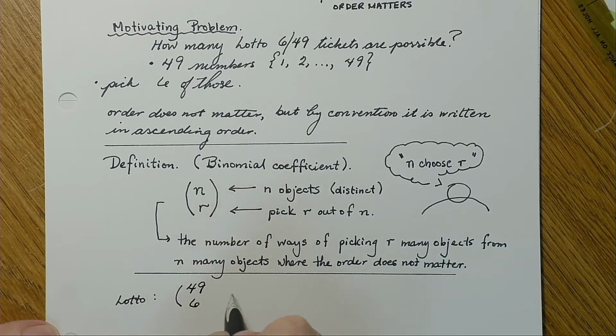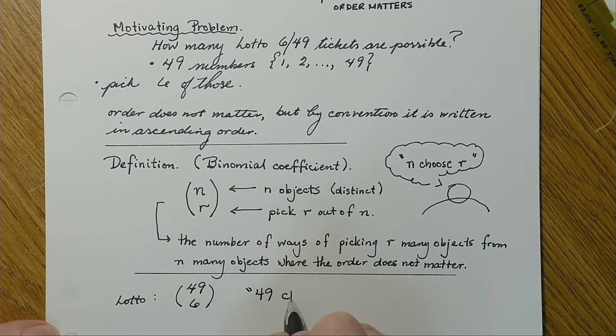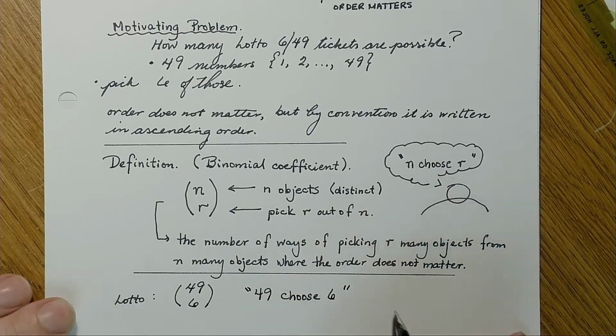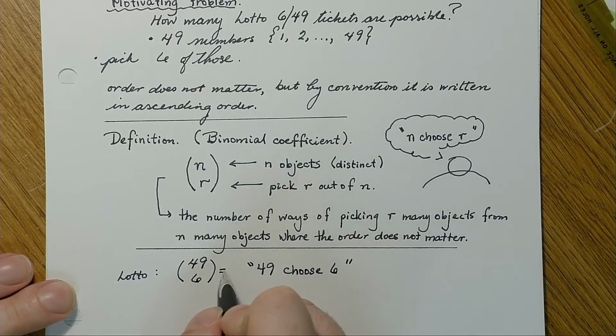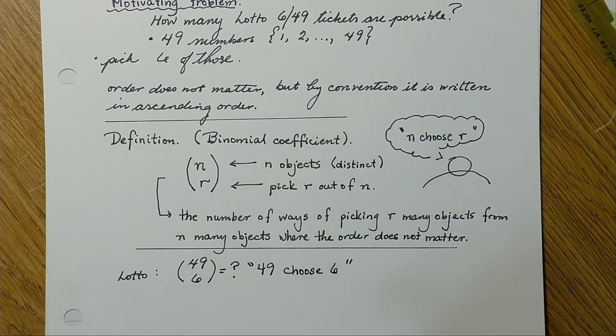So you can write that as that, or in words, that's 49 choose 6. Now, what does that equal? We don't know yet.